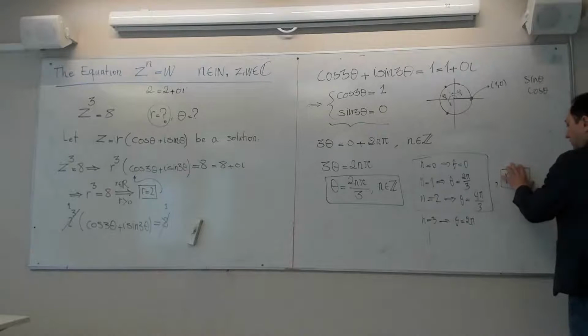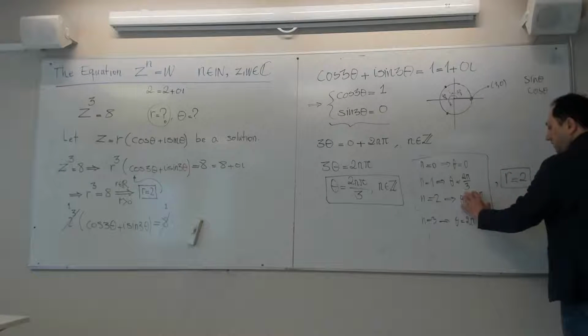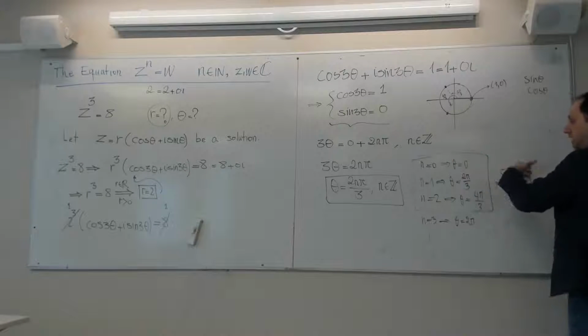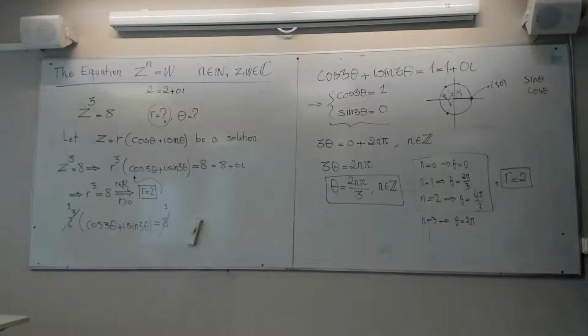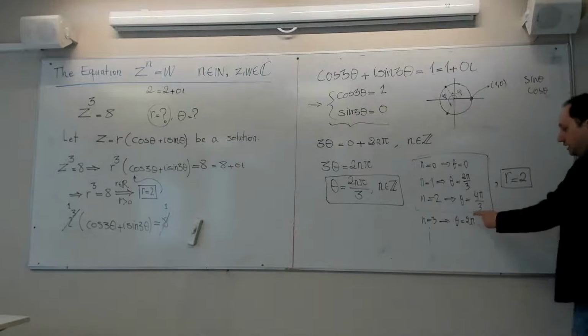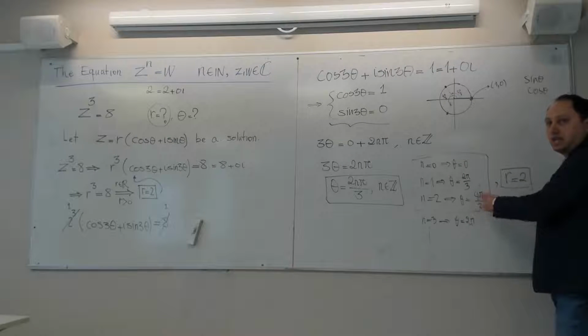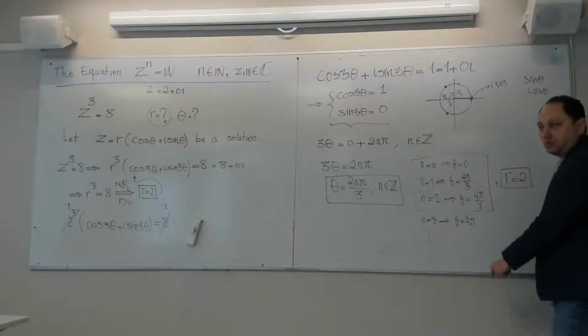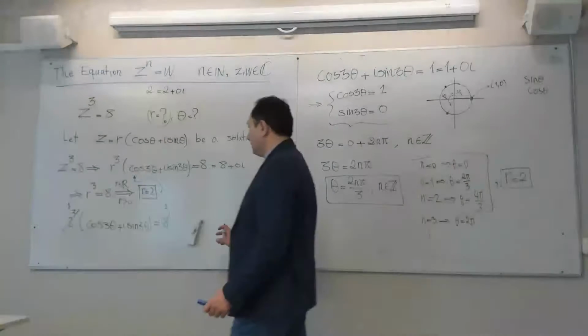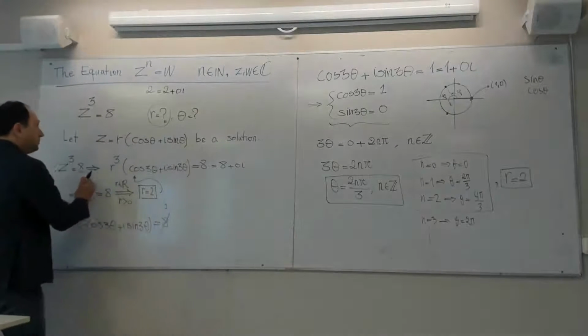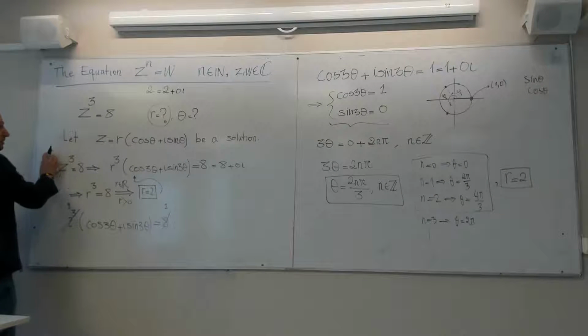And I choose r equal to 2 finally, and choose theta equal to that, and I put them in that, I will get my third solution. Yes, that's it. I don't need to continue. I want you to understand why we don't need to continue the angles. Okay? So let me just now solve the problem finally.